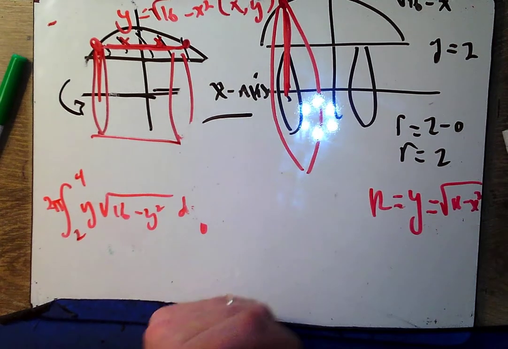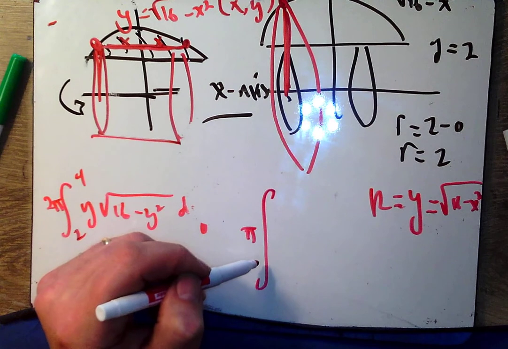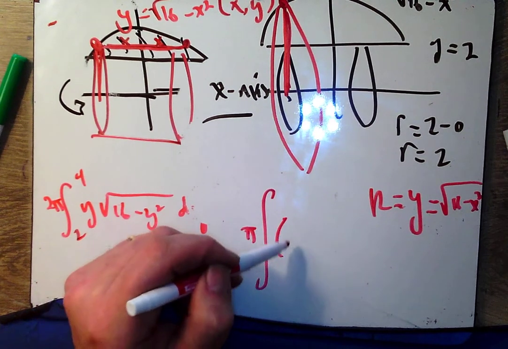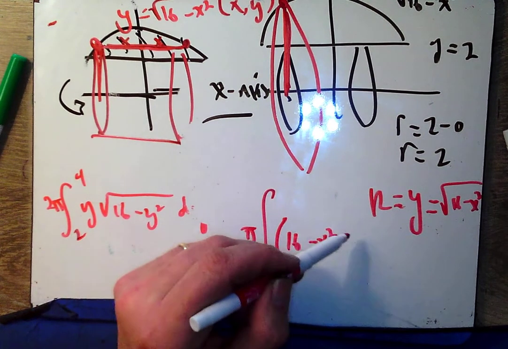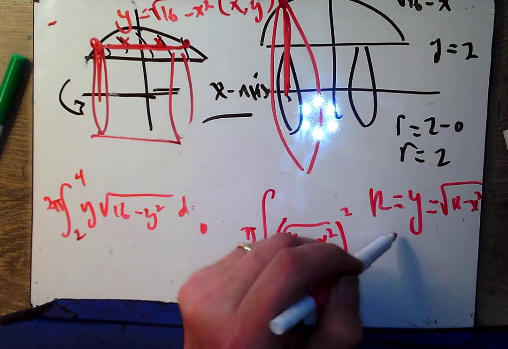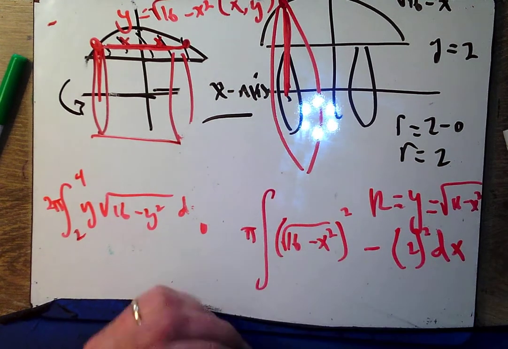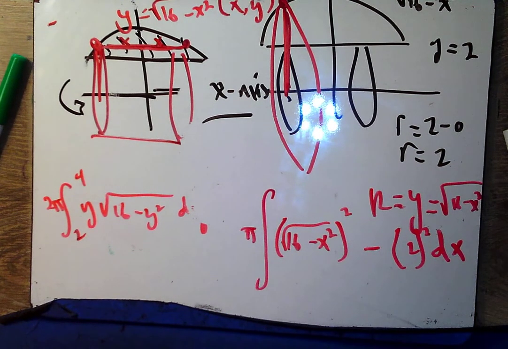So big R is going to be the y value, which in this problem is square root of 16 minus x squared. So my integral, pi, big R, square root of 16 minus x squared, squared, minus little r squared dx. And where are we integrating from and to?